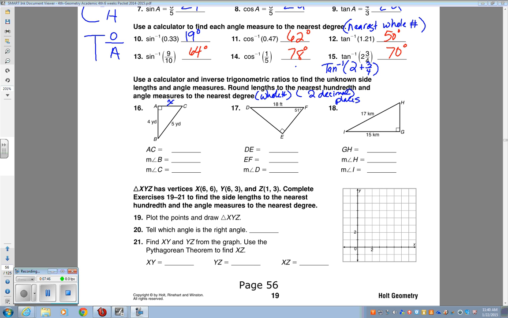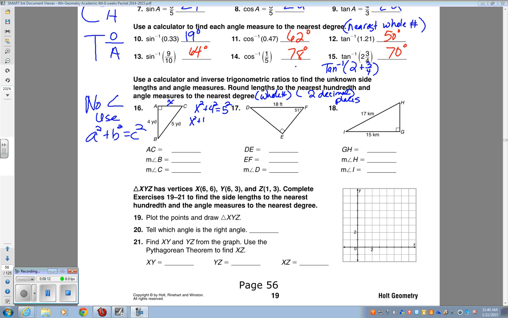So if you have no angle, you have to use a squared plus b squared equals c squared to find the missing side length. So what I would do here, I would do x squared plus 4 squared equals 5 squared. So write that down. Then I would say, what is 4 squared?